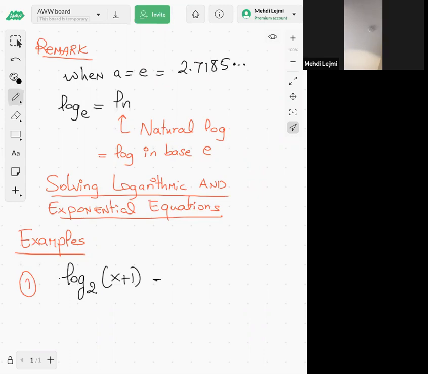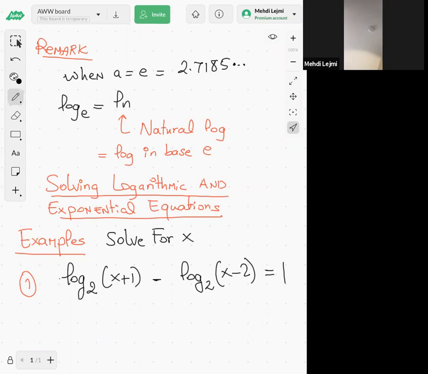Minus log in base 2 of x minus 2 equals 1. And of course, I want to solve for x.